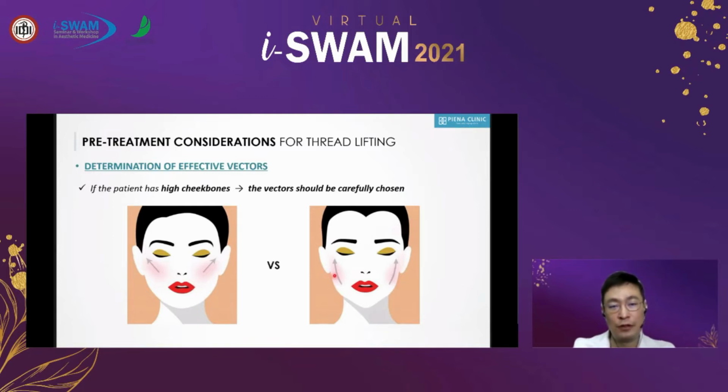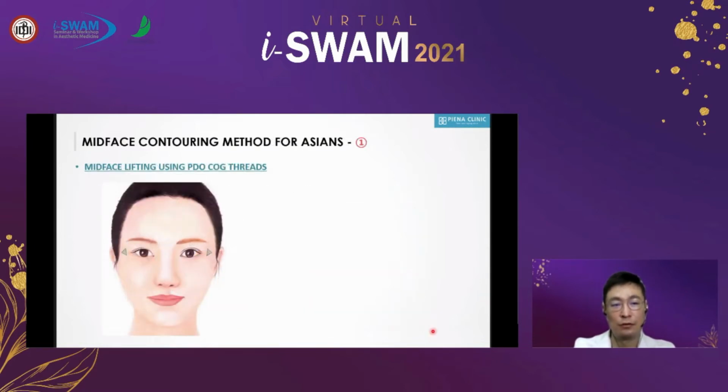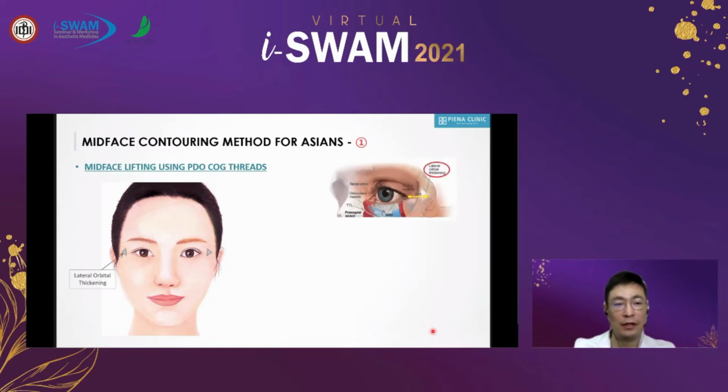And if you treat patients who have a wide cheekbone, I would recommend using a more vertical direction. To use this direction is quite difficult when you want to begin from the hairline. So I would rather recommend using this thick anatomical structure.